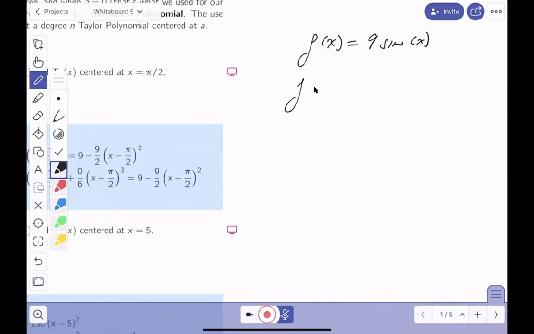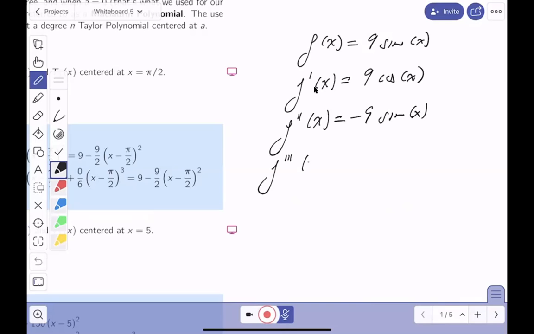Now, if the derivatives are tough to take, this is a nightmare, but this is relatively simple. It's going to be 9 cosine x, f double prime is going to be minus 9 sine x, f triple prime is going to be minus 9 cosine x.